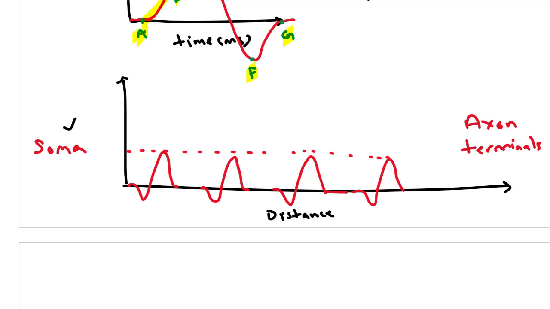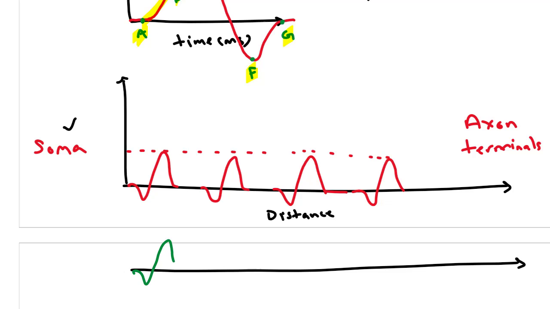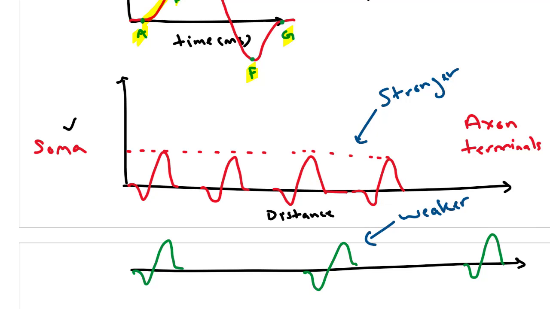Now compare that to a second membrane, a second scenario, and I have something like this: one action potential, then separated by a long gap, another one, then separated by a long gap, and another one. The first is a stronger signal, and this is weaker. We'll get into what that means.